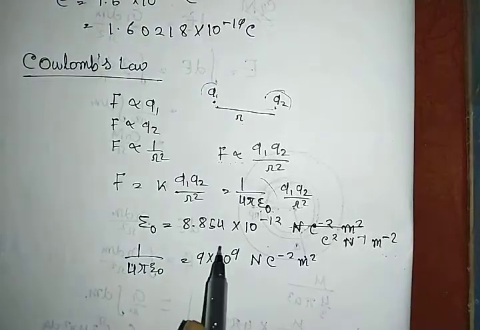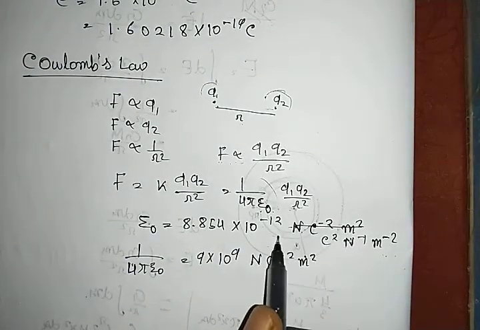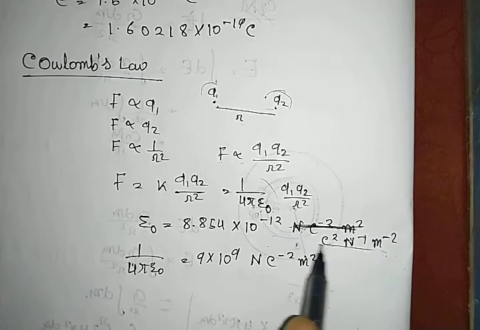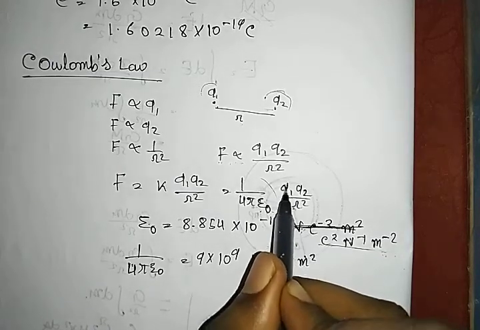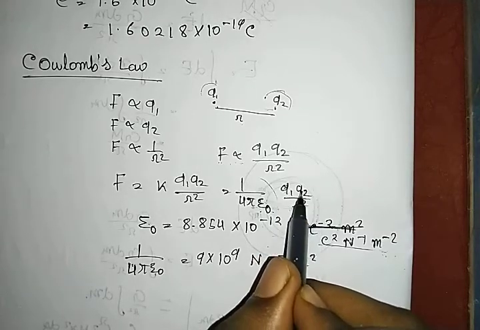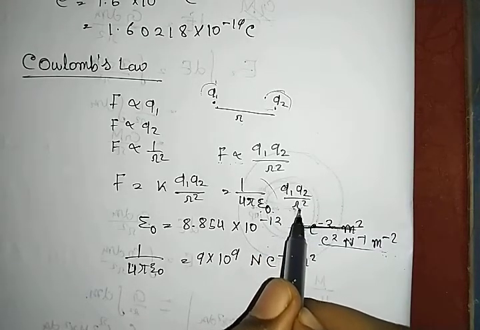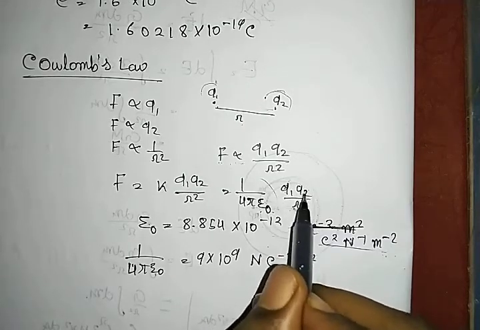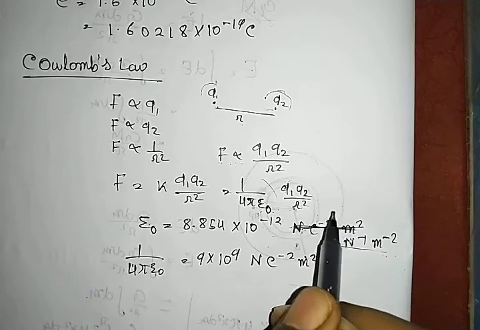And there is a short trick to memorize, to actually understand how this unit works. Look here, this will have the unit of charge, and this will also have the unit of charge, and this will have the unit of length. So this term here has the unit of charge square by length square.